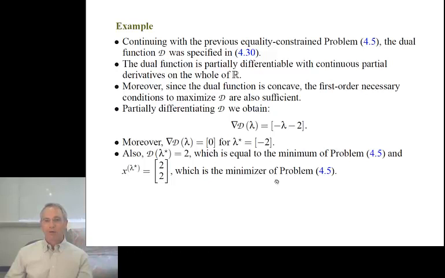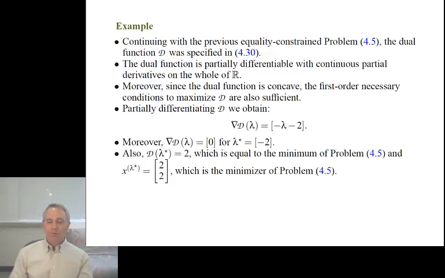So let's continue with our previous problem. We figured out the dual function. It's partially differentiable with continuous partial derivatives on the whole of R. Since it's concave, the first order necessary conditions to maximize the dual function are sufficient. So if we partially differentiate d, we find that the gradient of d is minus lambda minus 2. That's equal to 0 for lambda star equal to minus 2.